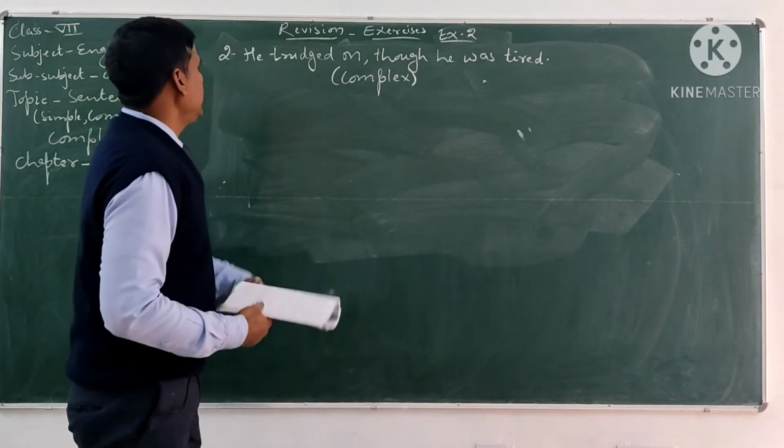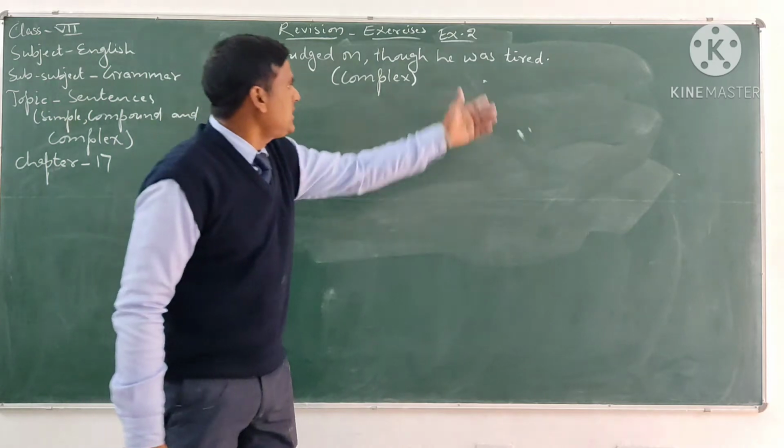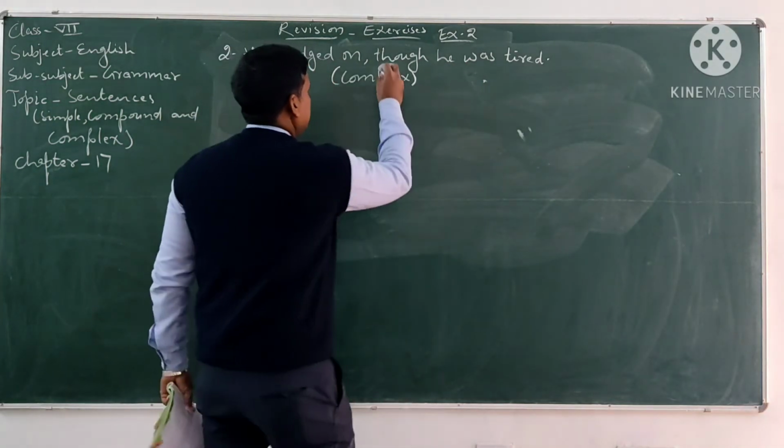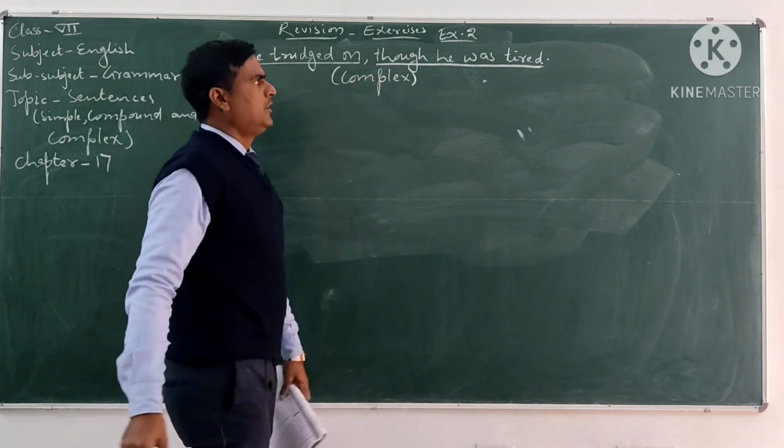Why? Because he trudged on though he was tired is not complete in itself. It is a dependent clause. This clause is dependent on this, trudged on.